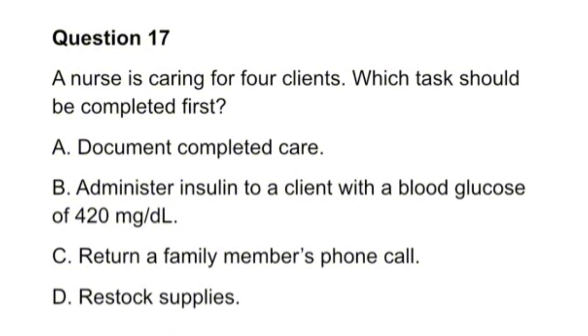Question 17. A nurse is caring for 4 clients. Which task should be completed first? A. Document completed care. B. Administer insulin to a client with a blood glucose of 420 mg per deciliter. C. Return a family member's phone call. D. Restock supplies.